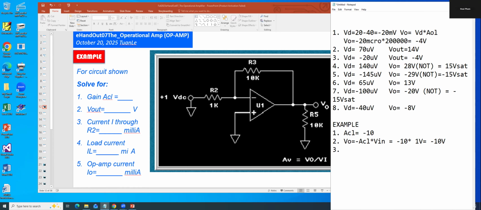Number three, current I. 1 volt divided by 1K equals 1 milliamp, right? Okay. Number four, IL. IL, is that the current through R5? Exactly.